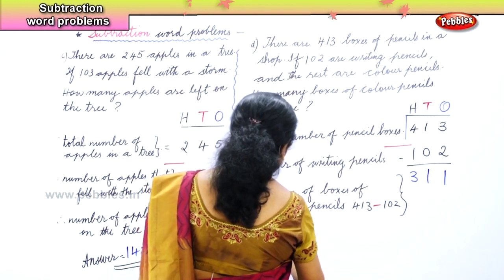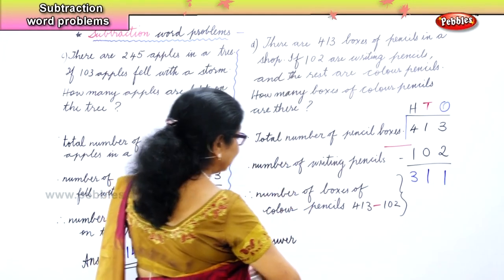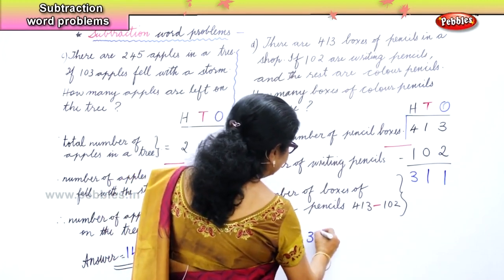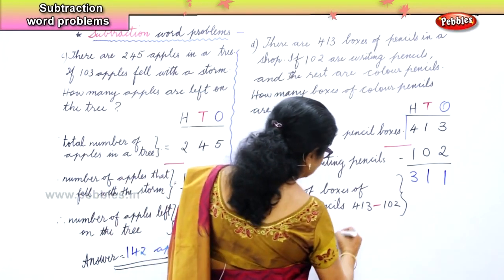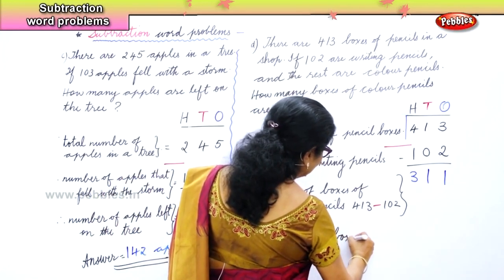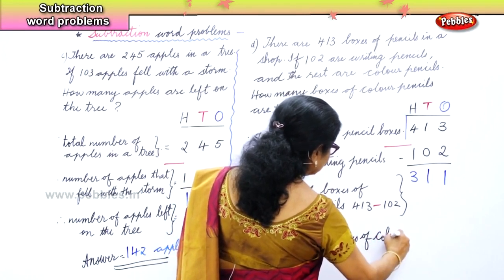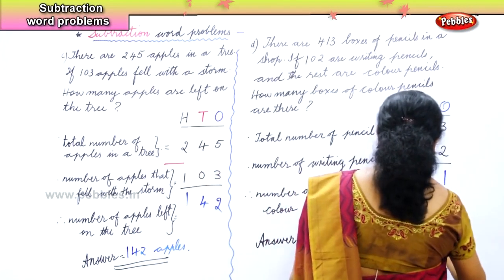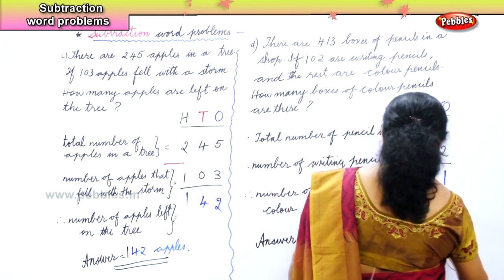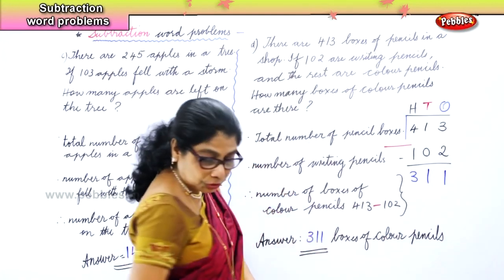Your answer is 311 boxes of color pencils, and that's your answer.